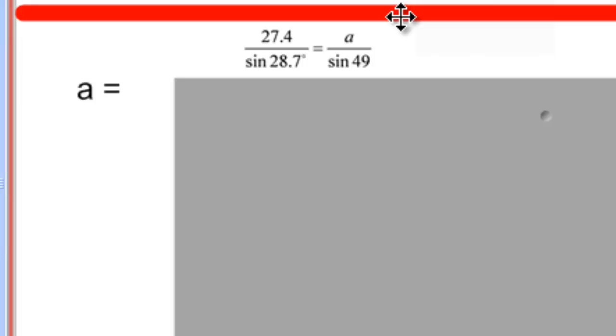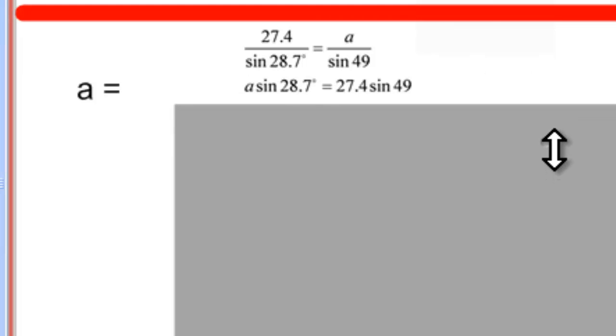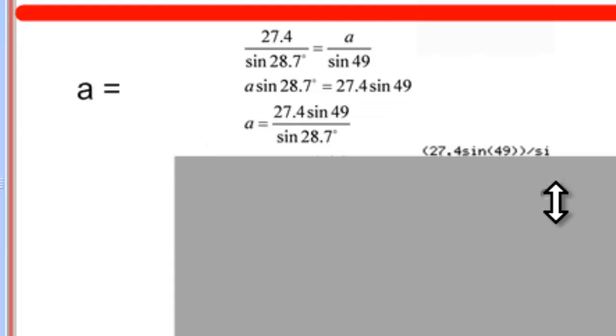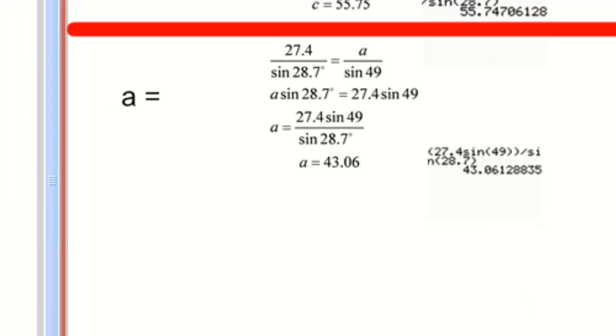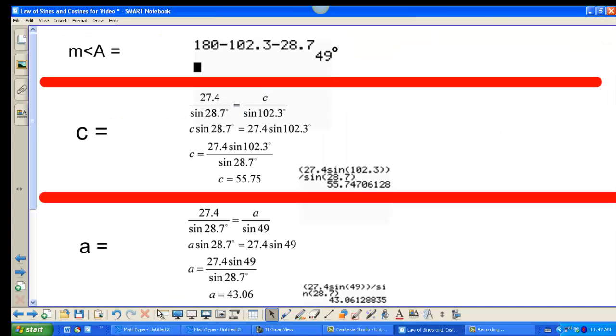But remember, 55.75 was rounded, so I try to stay with the given information to stay the most accurate. Then again, I cross multiply, I divide by the sine of 28.7, and I yield that the measurement of A is 43.06, and that would be in feet. And so we have just solved this triangle using the law of sines.